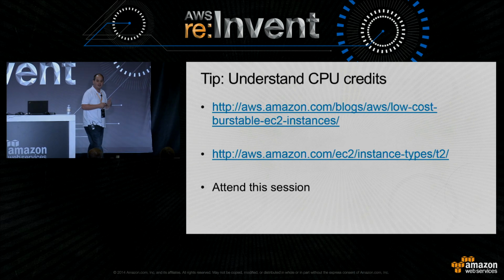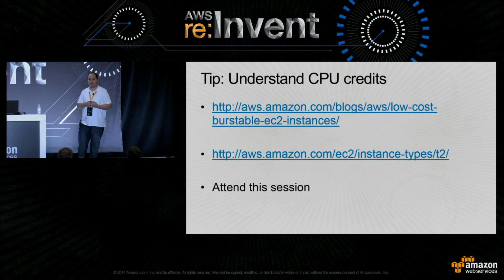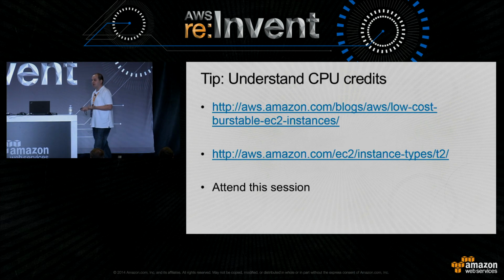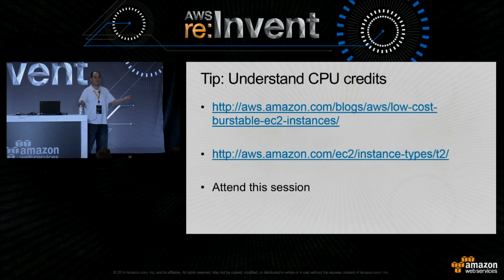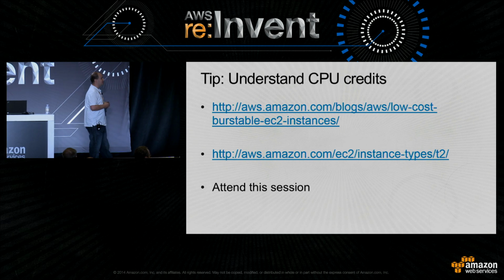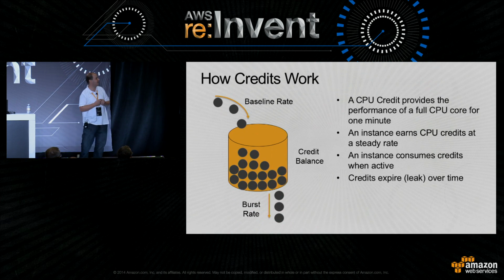Jeff Barr's blog had a really nice explanation of how the burstable performance works on T2. The instance documentation for T2 on the website also has a really good explanation. But then also, if you just attend the session, which you're already doing, you get this tip for free. So congratulations, you've already implemented one best practice.